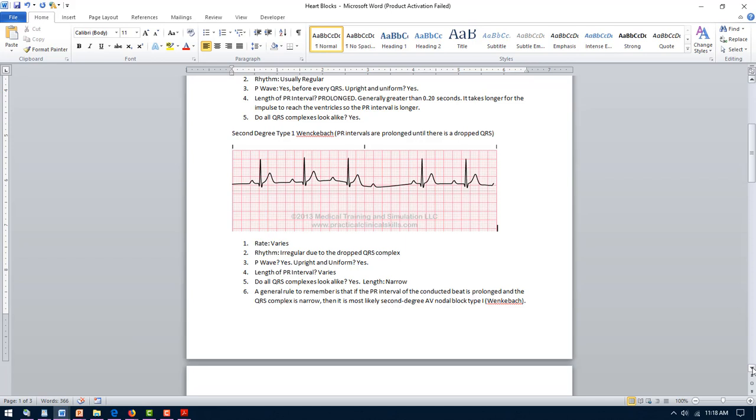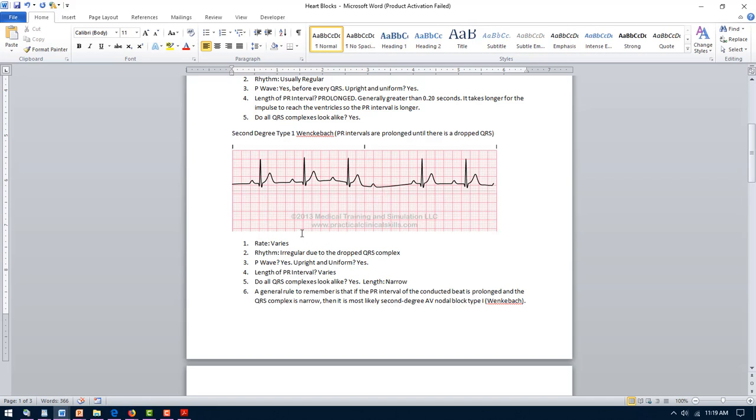Second degree type 1. As you can see on this one, PR interval here. This one gets a little bit longer to the QRS. This one is even longer yet. And then here's the P wave and no QRS.